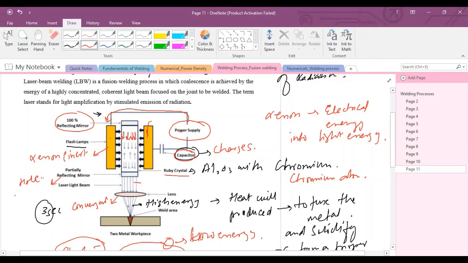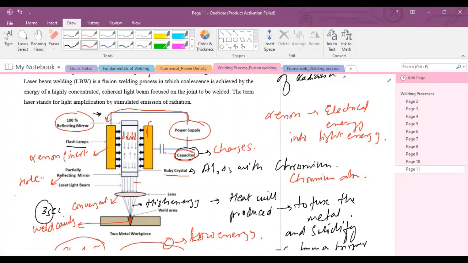Convergence is very important, because this beam has to focus into the weld cavity. This is the weld cavity. If it doesn't converge, it will disperse into the environment, and we cannot form a proper weld joint here.